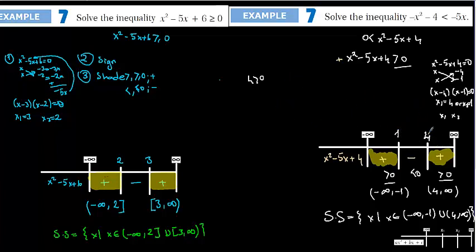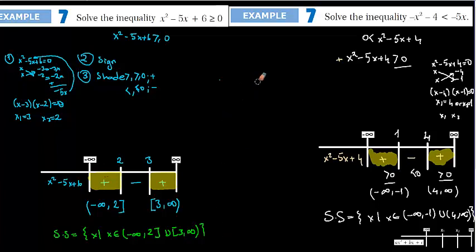If you choose one value between 1 and 4, let's say 3, then 3 squared is 9, 5 times 3 is 15, 9 minus 15 is minus 6, minus 6 plus 4 is minus 2. As you see, the result is negative, so this part is going to be negative. When you choose one value less than 1, let's say 0, 0 squared minus 5 times 0 plus 4 is equal to 4, greater than 0 again, so this side is going to be plus. With respect to that, we are going to solve the questions.